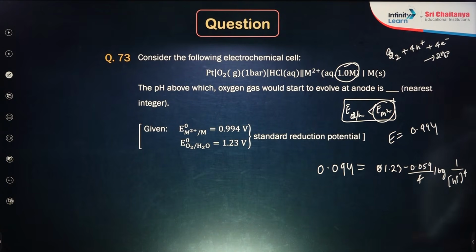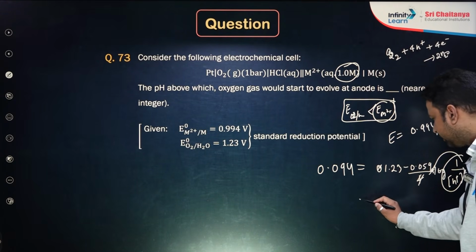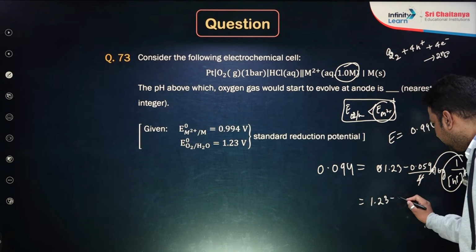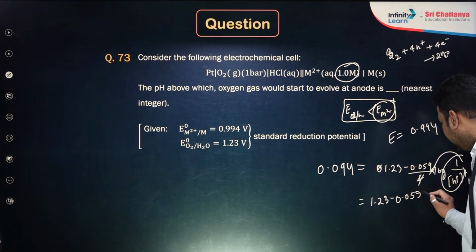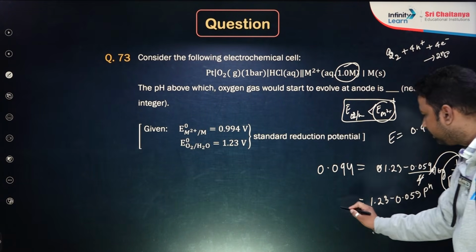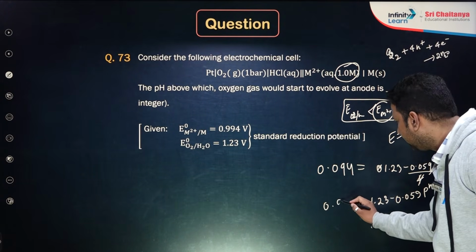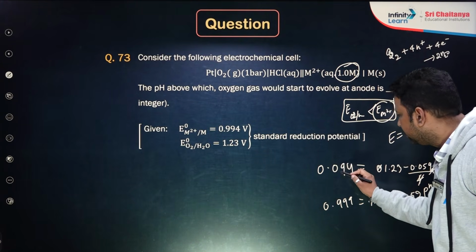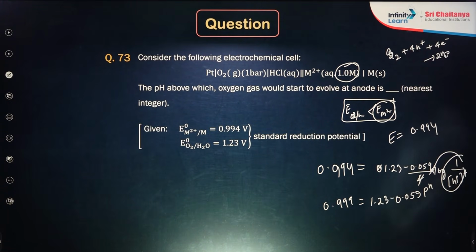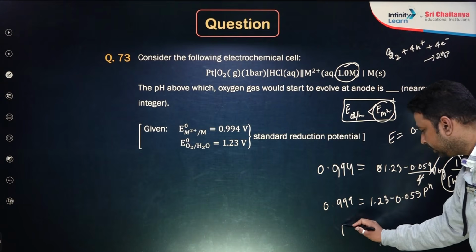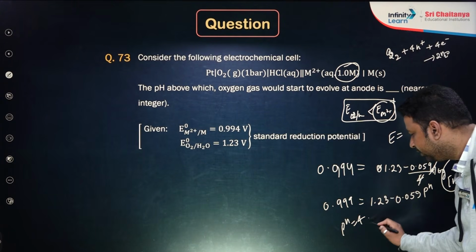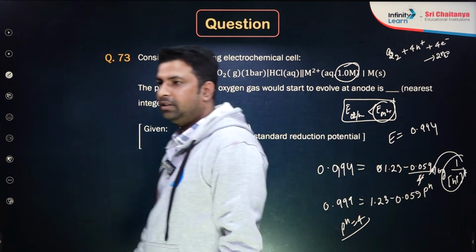If you equate, the 4 will cancel out, and minus log H+ becomes pH. So you can write 1.23 minus 0.059 into pH, and this has to be equal to 0.994. Once you solve it, your pH will come out to 4, which is the right answer for this question.